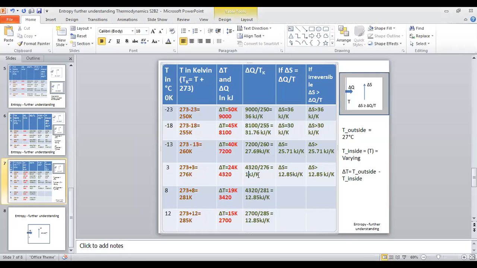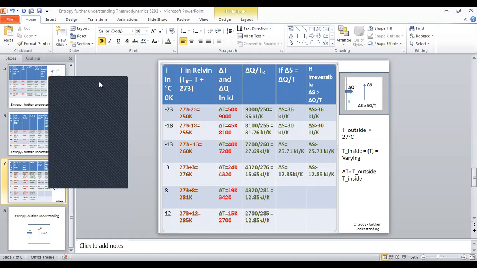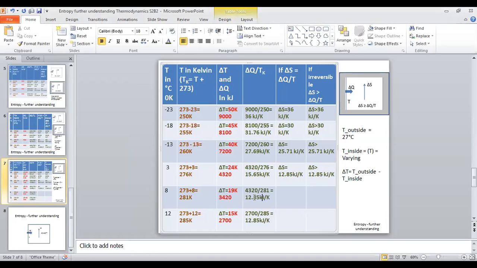See, these are almost realistic figures. 3,420 divided by 281 is 12.17. In future, if you don't use the entropy calculations in your system designs, you are not doing it right.